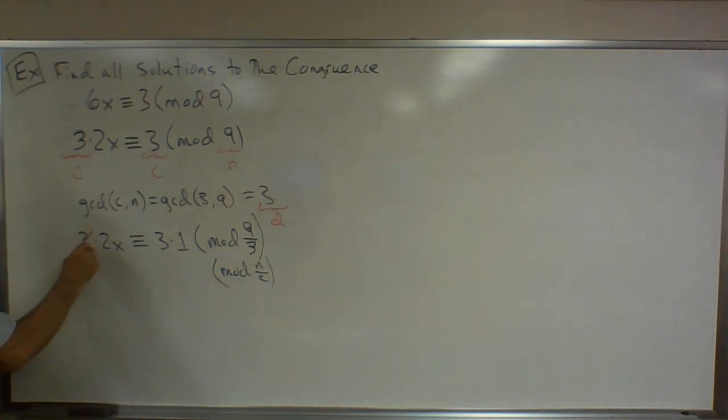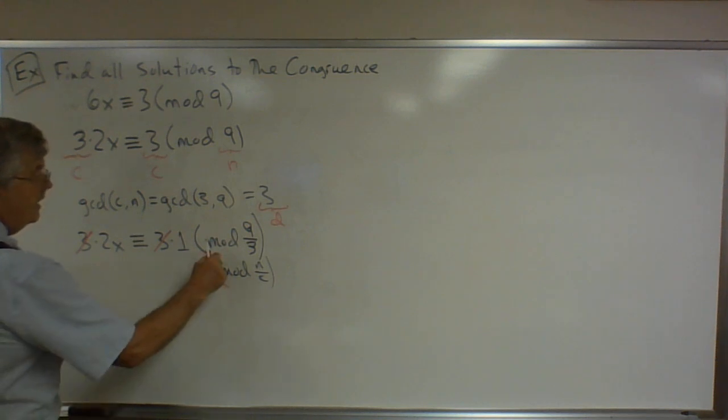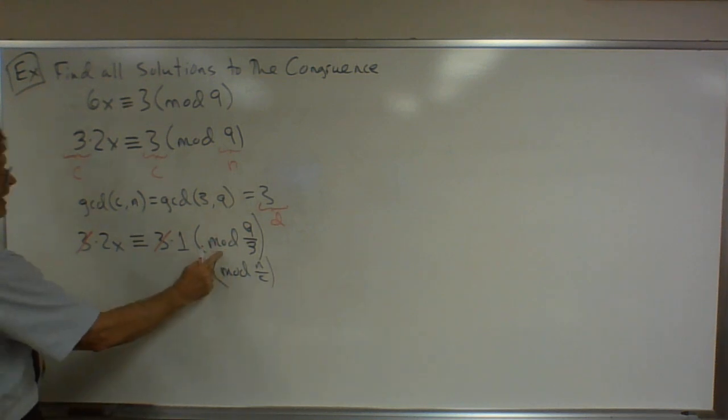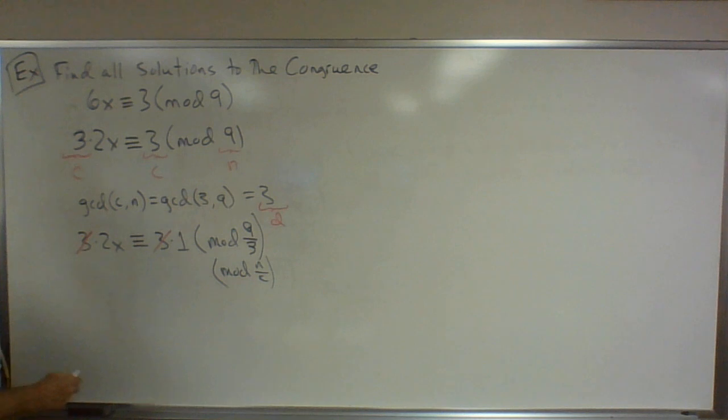We're going to cancel out the C's. And this is going to be congruent mod n over C.